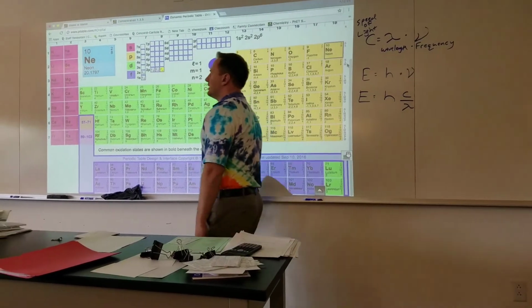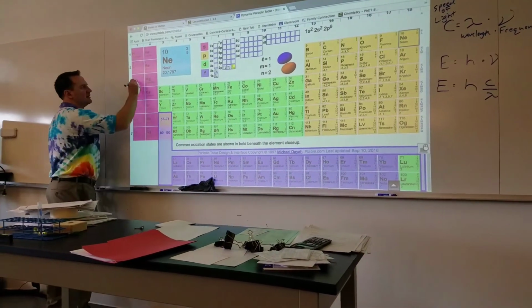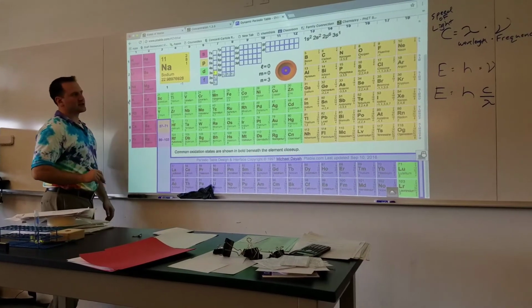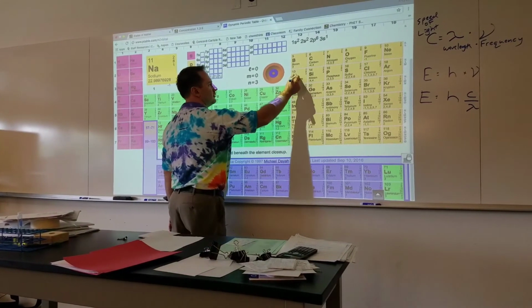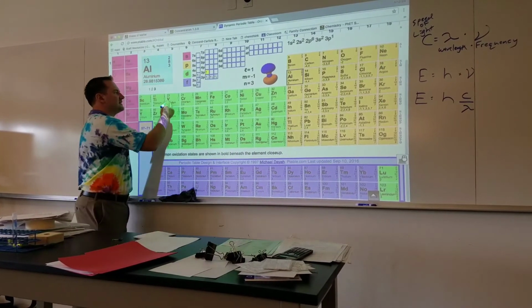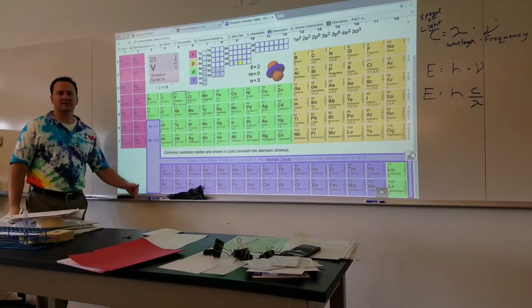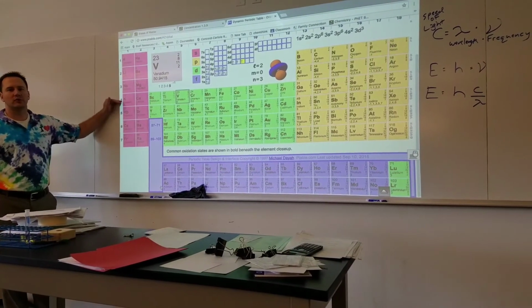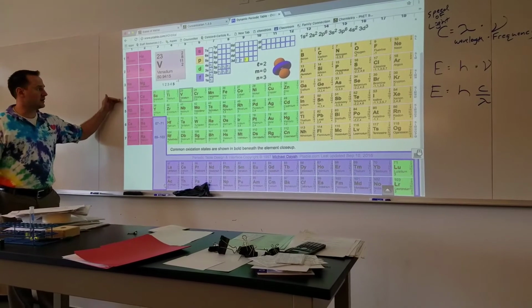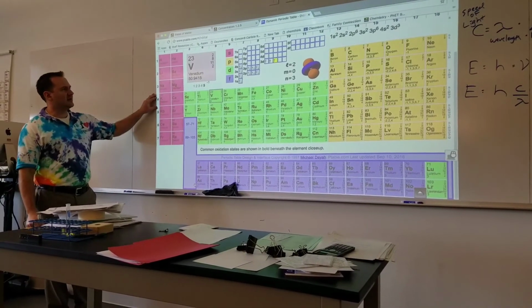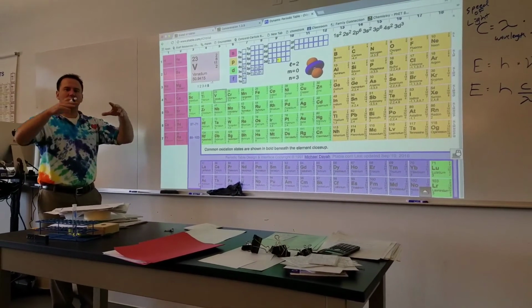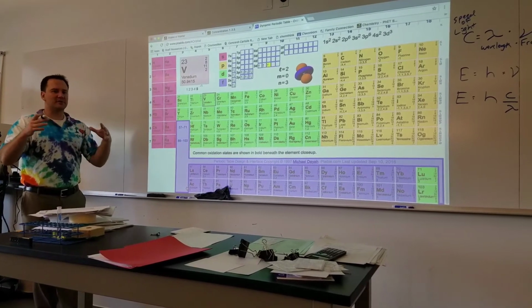So the third energy level gets a little bit confusing in that it has an s subshell, a p subshell, but it also has a d subshell. But what you notice is the d subshell actually starts in the 4th row of the periodic table, or the 4th period. The reason for that is that each of these orbitals, on average, has a greater potential energy.